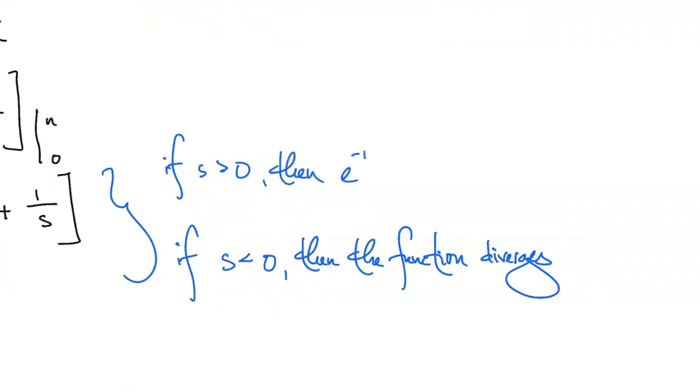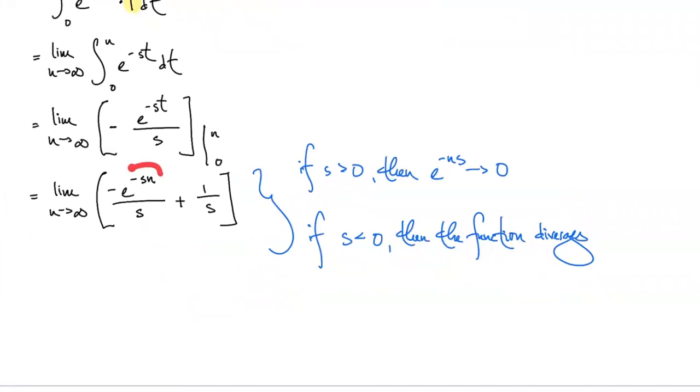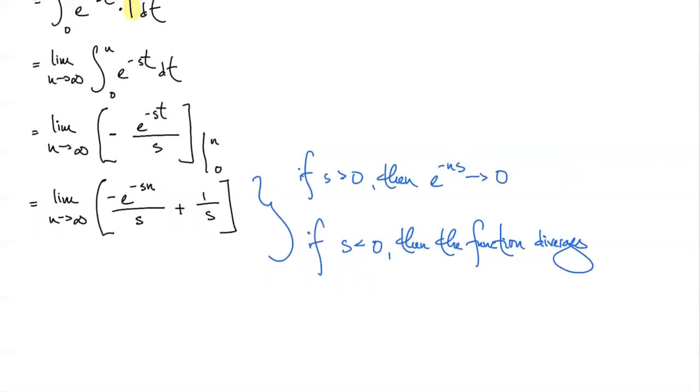All right. However, if S is greater than 0, then let's see what happens. E to the negative ns is going to approach 0. Okay, so this will go to 0 if the actual exponent overall is negative. And so what are we going to be left with?